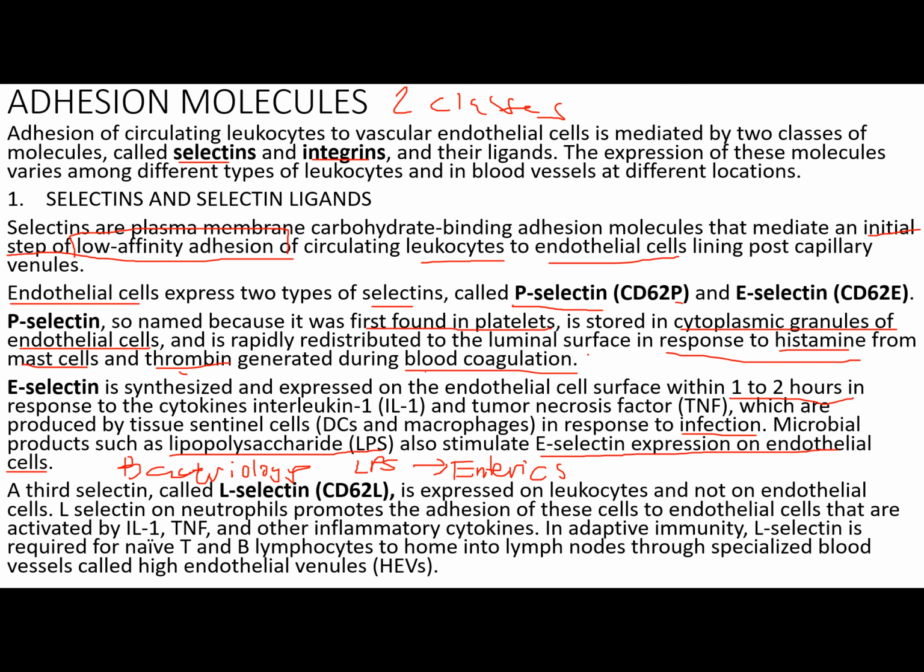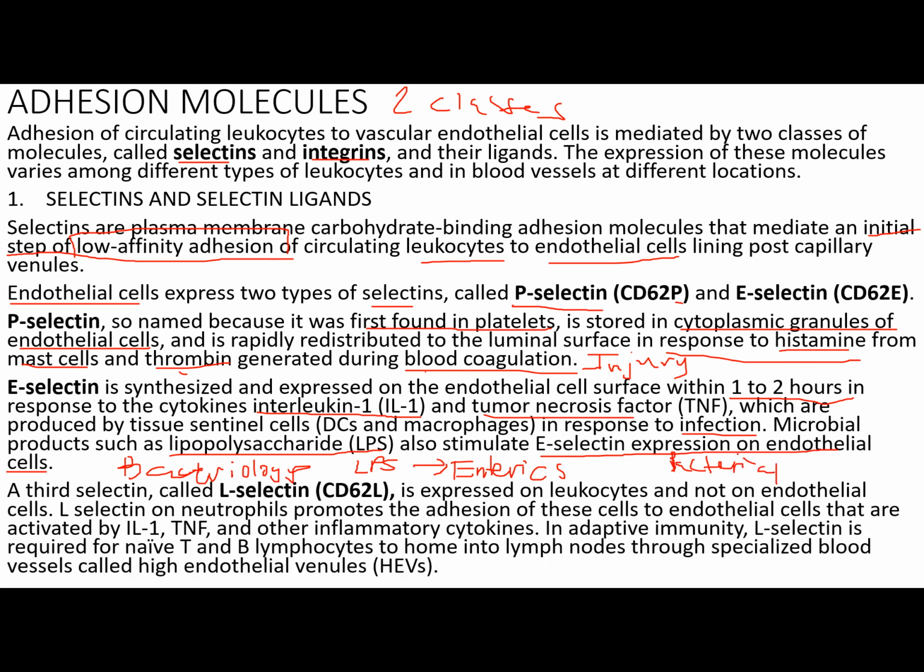Meaning, class, P-selectin comes out when you have an injury. While E-selectin would react in the presence of interleukin-1 and tumor necrosis factor, which are commonly seen in infection, so when you have a bacterial infection.